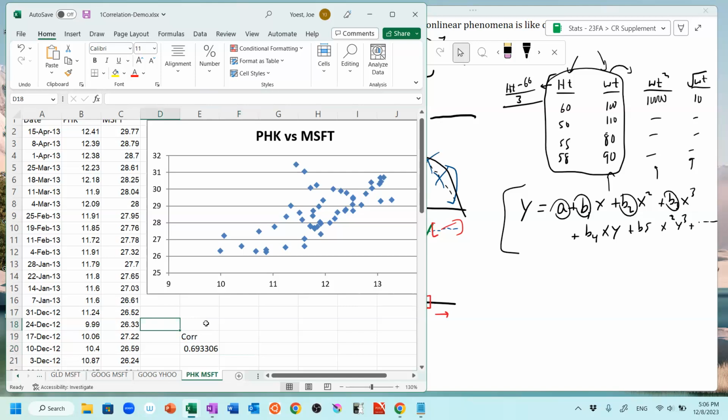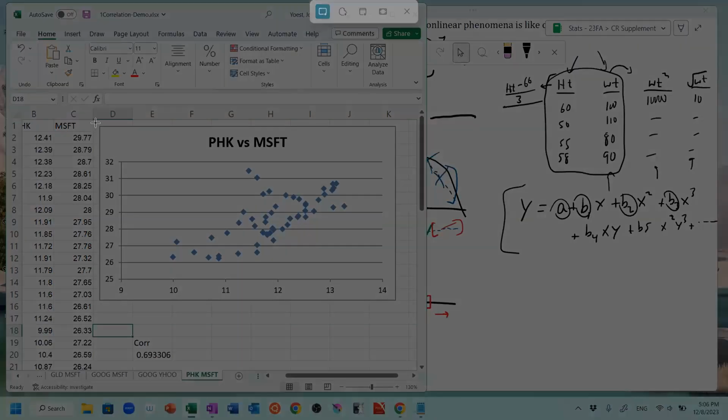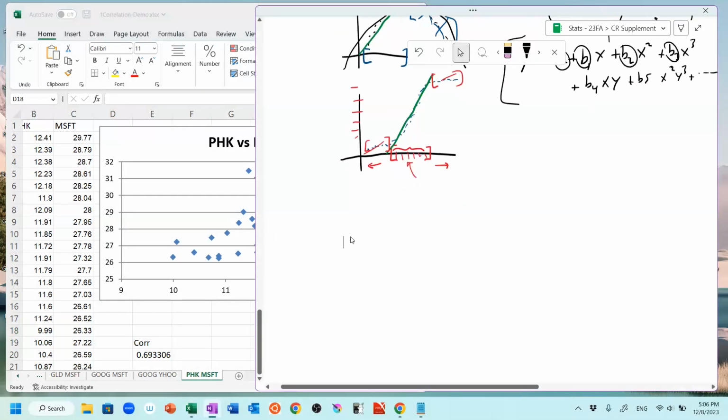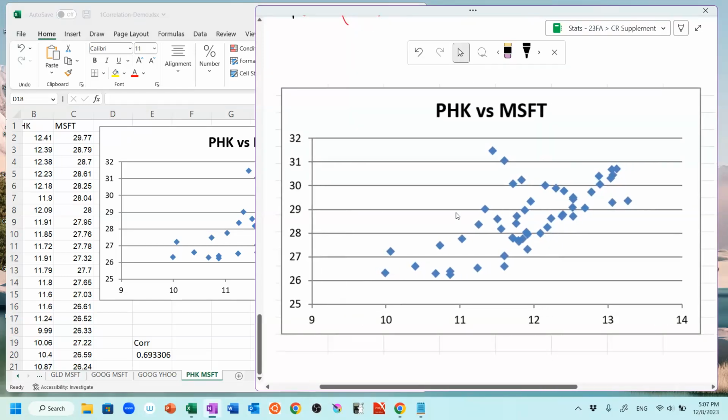So that's how to compute correlations in Excel. And there's one other thing that I want to point out, and I'm going to copy this over to OneNote, is that sometimes, if you're just looking at a picture like this, it can be a little hard to discern. Do I think that there's a positive or negative relationship here?